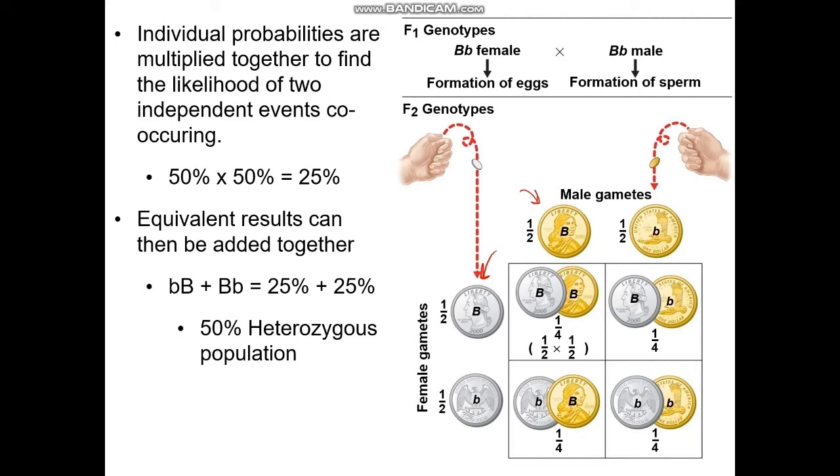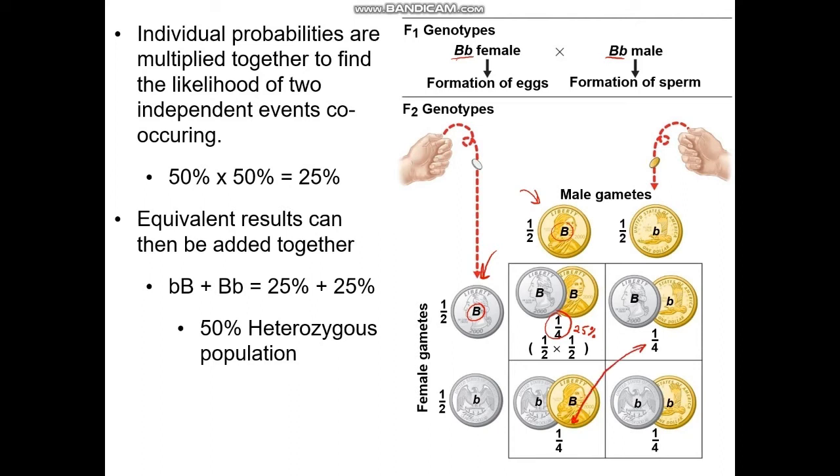In this case, we are mixing together 2 heterozygous individuals, so this is a monohybrid cross. And there is a 50% possibility that the first coin will end up heads, 50% possibility that the second coin will end up heads. This means that overall, 1/2 times 1/2, you will get a 25% chance that we're going to get 2 heads in a row, 2 dominant alleles. You have 2 different ways where we can have 1 head and 1 tails.